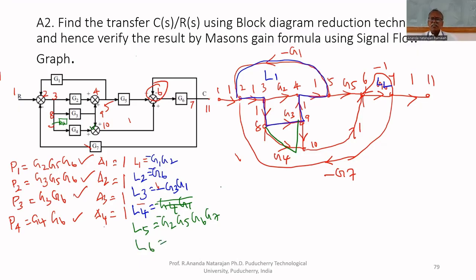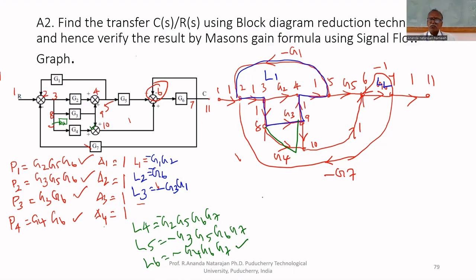L6 equal to minus G3, G5, G6, G7. L7 equal to minus G4, G6, G7. 7 loops are there. Any other loop?